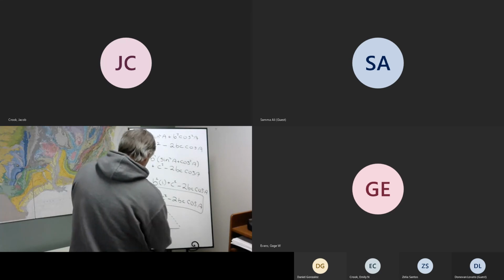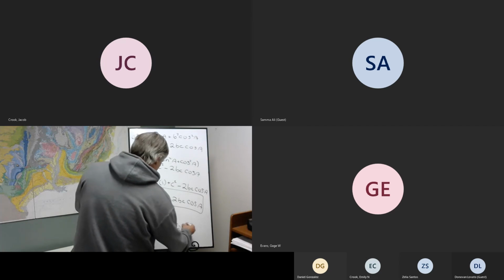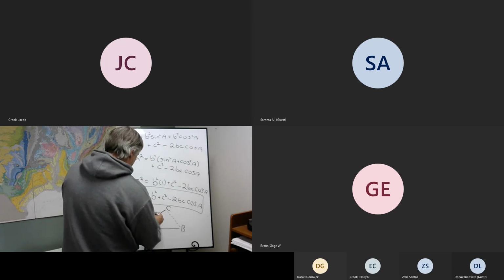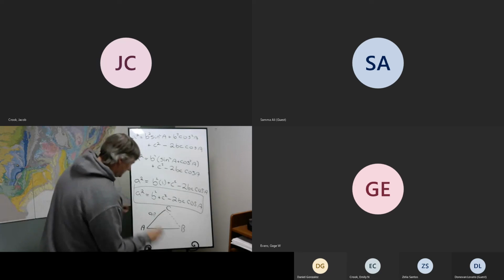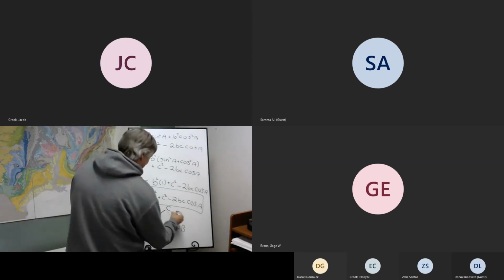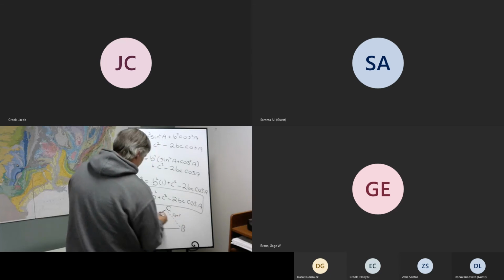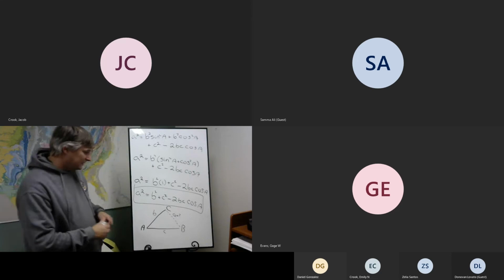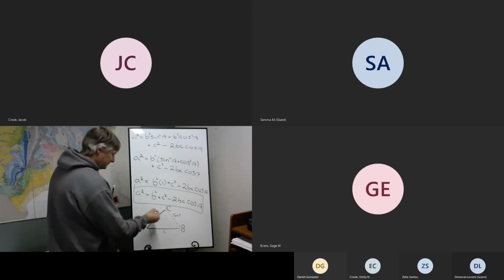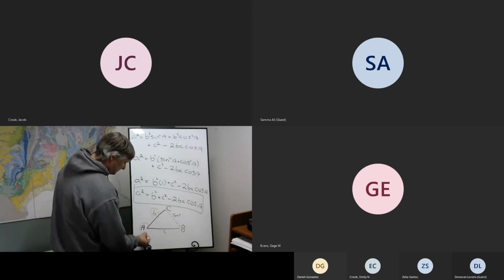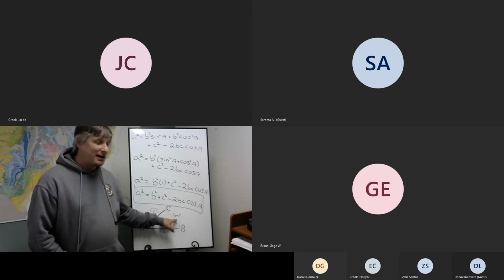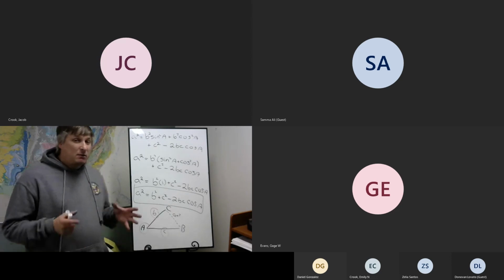We have A, B, C. We don't know A. This is side A. But we know side B, and we know side C. So if we know these 3 things, then we can find this missing side. So any questions about that?